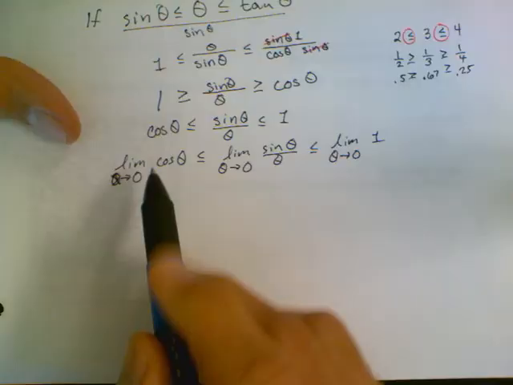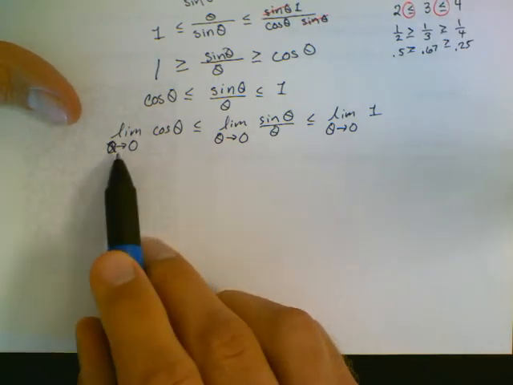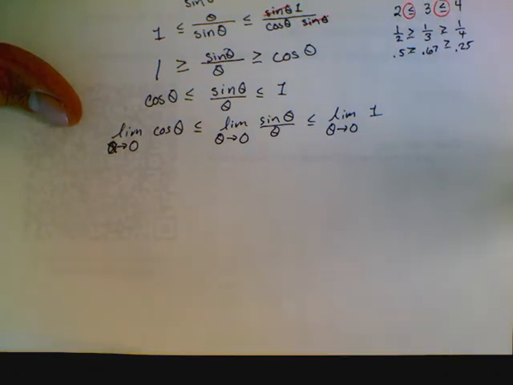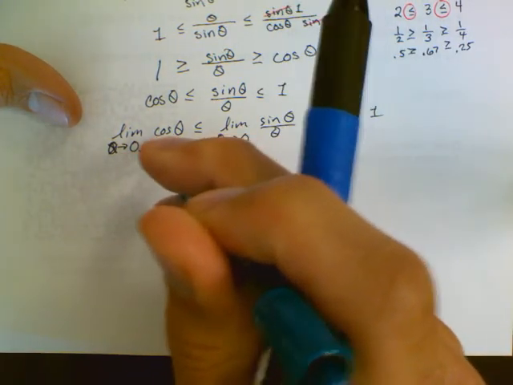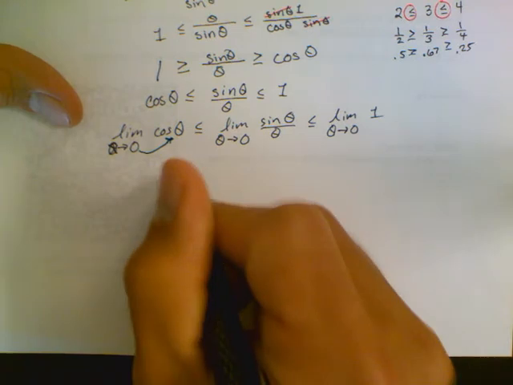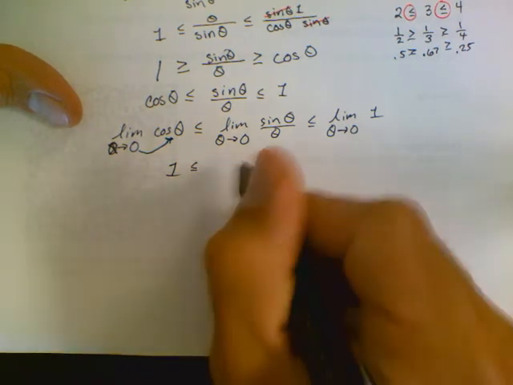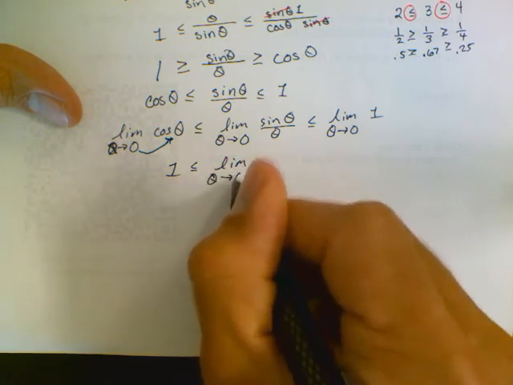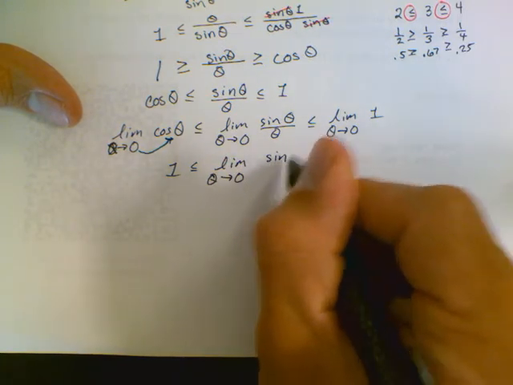Okay? So finding the limit as theta approaches 0 of cosine, well, if I just substitute in 0 there, cosine at 0 will be 1. So 1 is less than or equal to this limit, sine theta over theta.